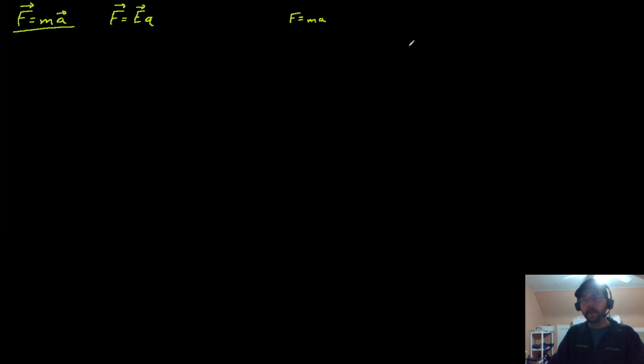So let's say that we have this object and it's a ball and it's hovering above the ground. And let's say magically it's about to be released. If you wanted, you could say there's a string on the ball, and then maybe the string gets cut and the ball starts to fall.